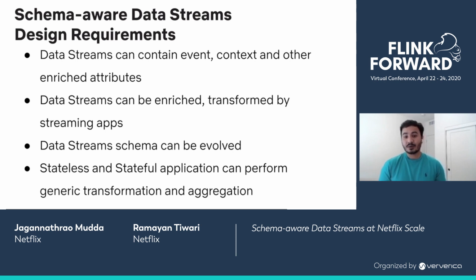These changes can only be supported if our data stream features schema evolution. Finally, many of our stateful streaming jobs perform some form of aggregation on the stream, while others offer a generic config-driven mechanism to apply transformation on the fly. We keep this in mind while designing our data streams.